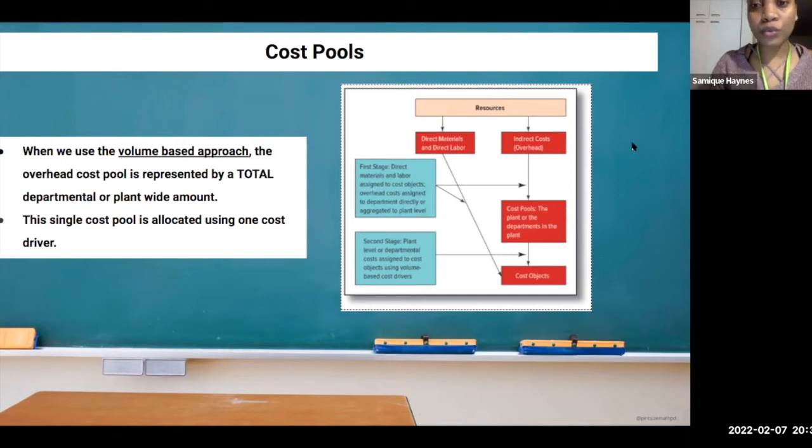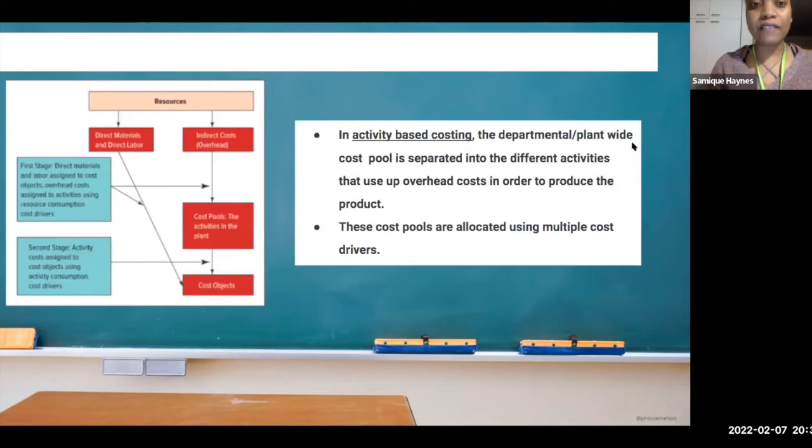That's the volume-based approach. But then the activity-based approach says, we're going to do things a little bit differently. We want to be a lot more efficient at allocating our costs. We don't want to undercost or overcost anything, because that's really going to affect our pricing and our profits. So we're going to try to be as efficient as possible because we can afford to do that.